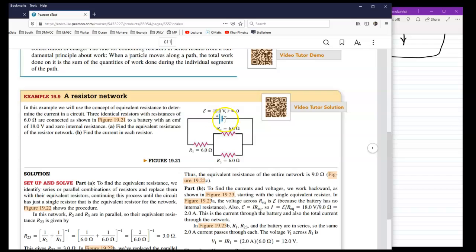Of course, the current is going to go this way, because that's the short segment, and the long segment is going to go this way. The voltage across is equal to 18 volt, with 0 internal resistance. He asks, find the equivalent resistance, and find the current in each resistor. Got it? Okay. Let's work on it.